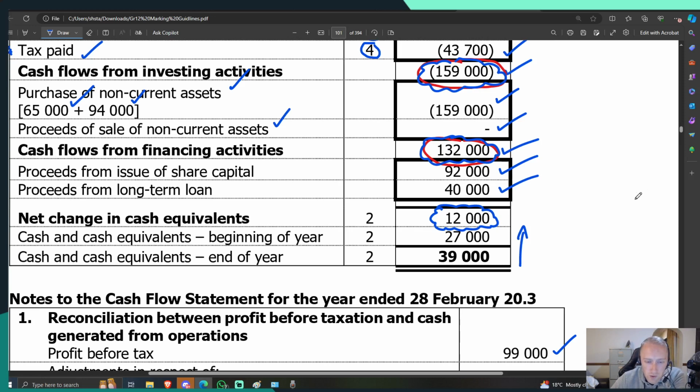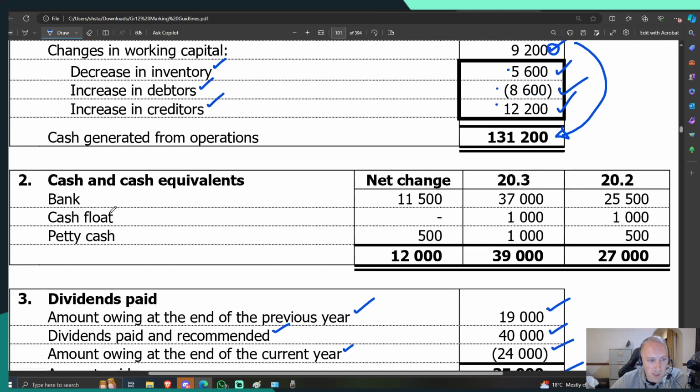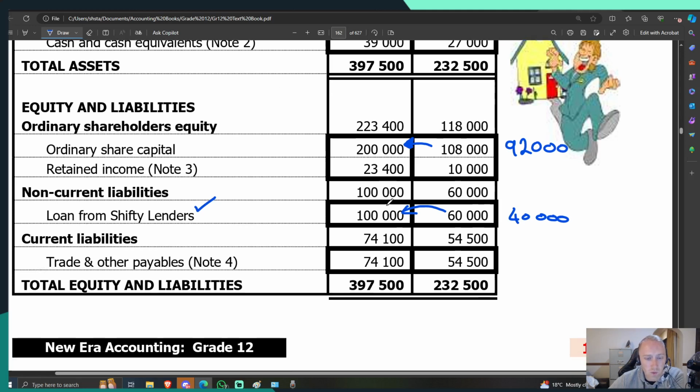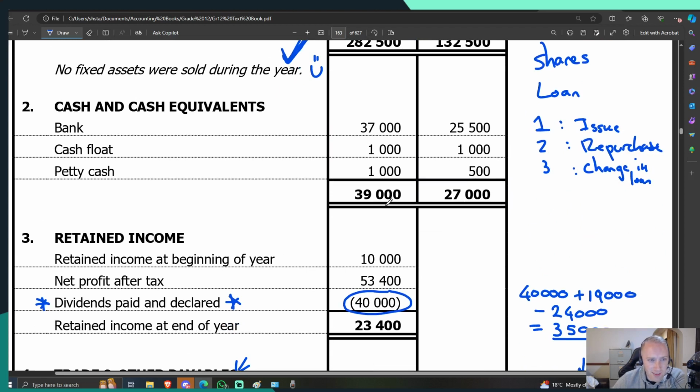We also have to fill in the movements of cash and cash equivalents in Note 2 to the cash flow statement. Let's go to Note 2 now. Here it is, cash and cash equivalents. Let's go to our information. We will look at our balance sheet because that's where we see our assets. Cash and cash equivalents.